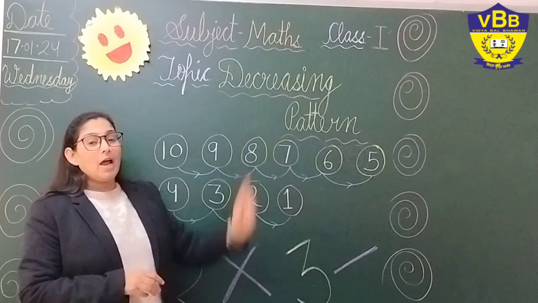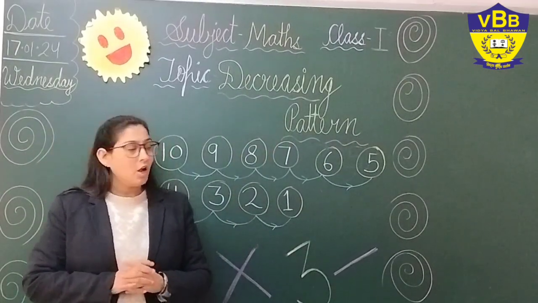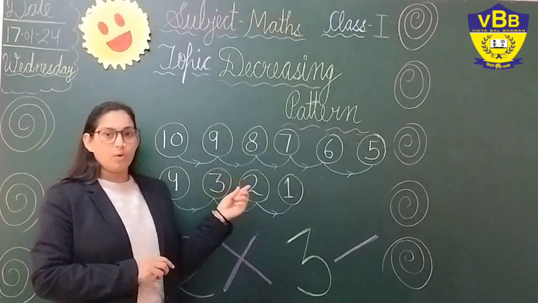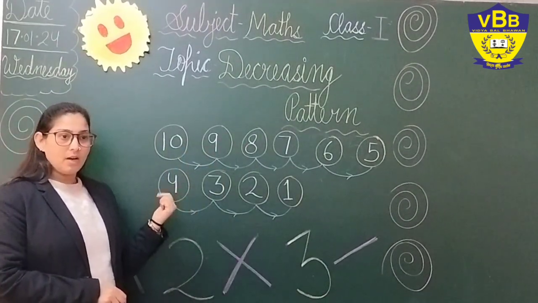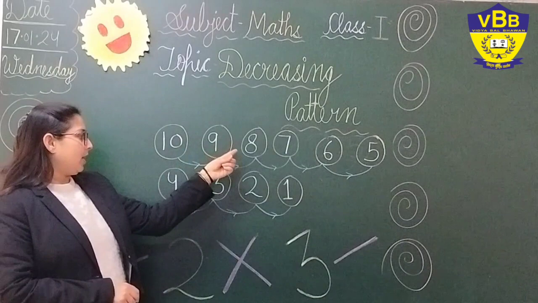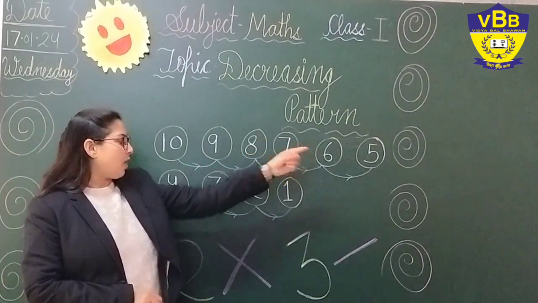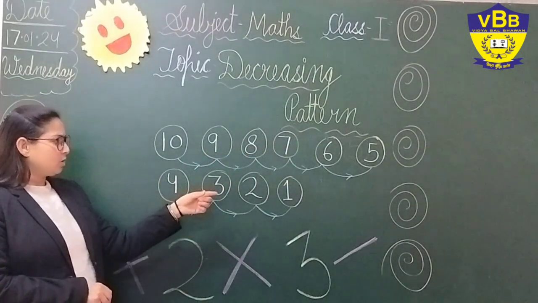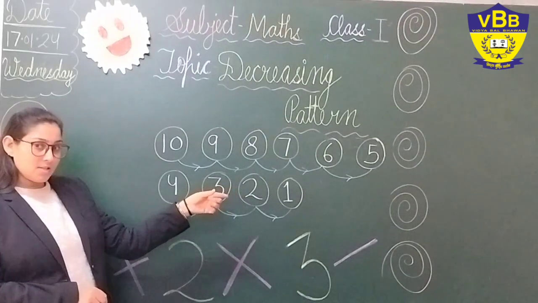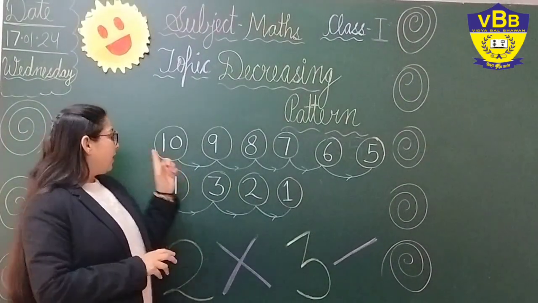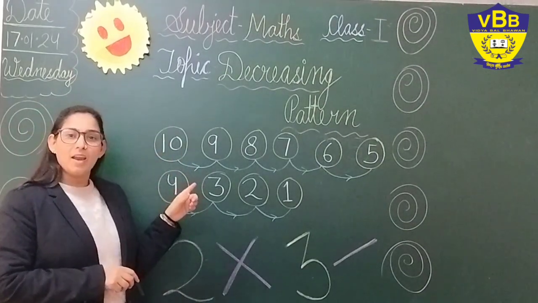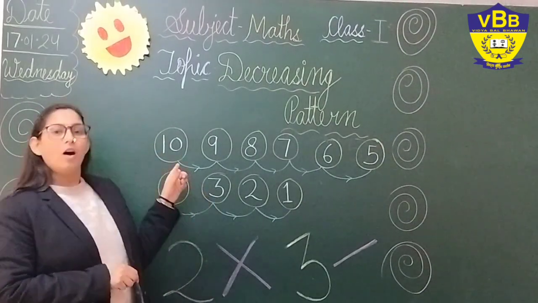What is the decreasing pattern? Look at the board. You can see some numbers written: 10, 9, 8, 7, 6, 5, 4, 3, 2, 1. What do you observe? Here the numbers are written in decreasing order.